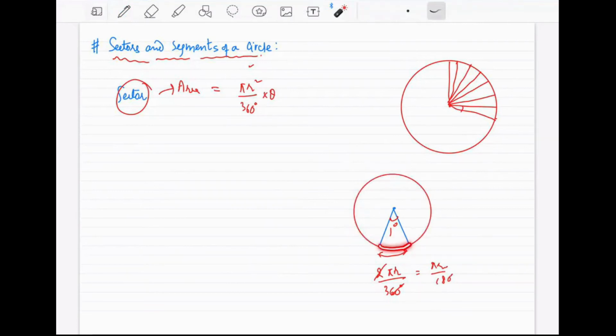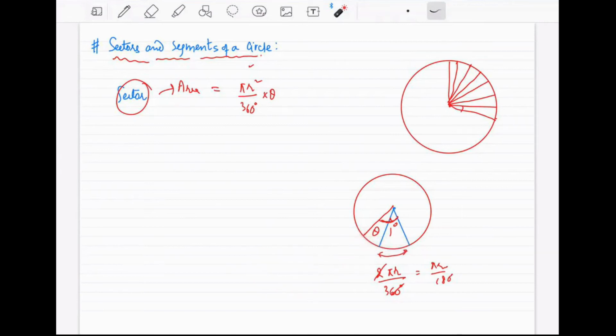If I want only this highlighted portion, and this is 1 degree, we will have pi r by 180. If this is not 1 degree but a certain angle theta, then the length of this part will be pi r by 180 multiplied with angle theta.